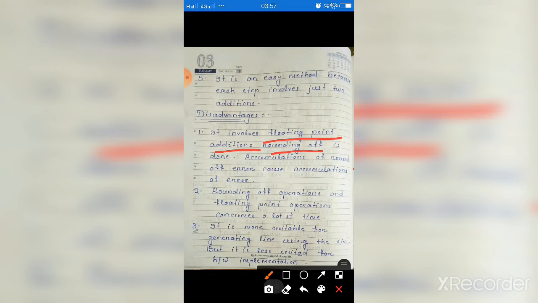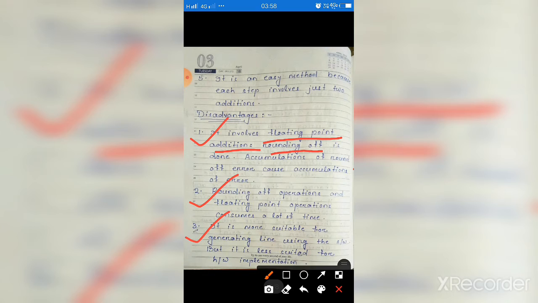If the floating point value is rounded off wrongly, then the pixel point also goes wrong. Rounding off operations and floating point operations consume a lot of time, so this is the main disadvantage. And also it is more suitable for generating lines using software, but it is less suited for hardware implementation. So these are the three disadvantages of the DDA algorithm.